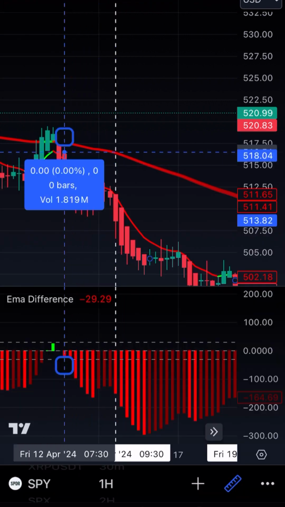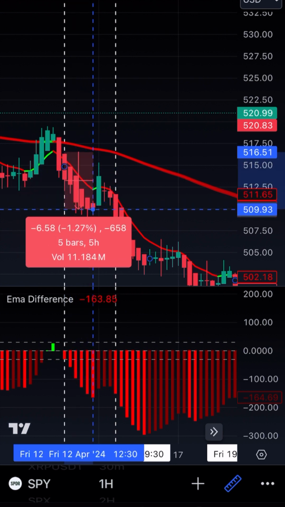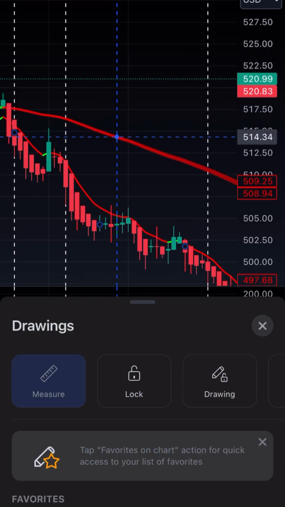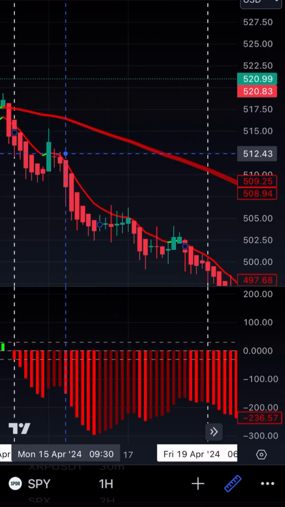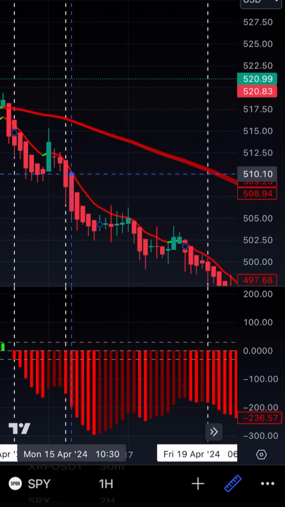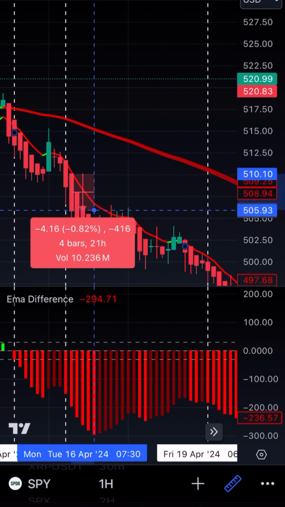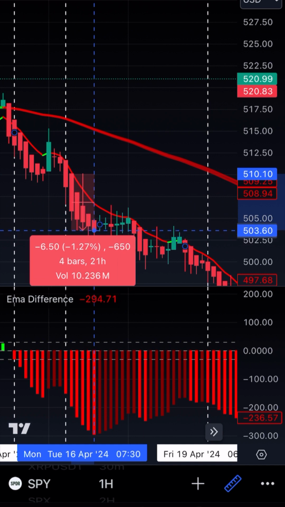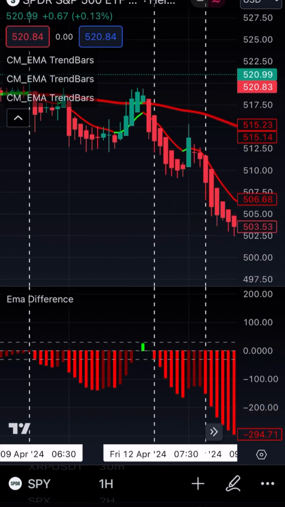Turns light red right here. Ride it from here to there. You have 5 hours and you made $666. You have another moment right here where it turns light red. And here to here, you have about $650.